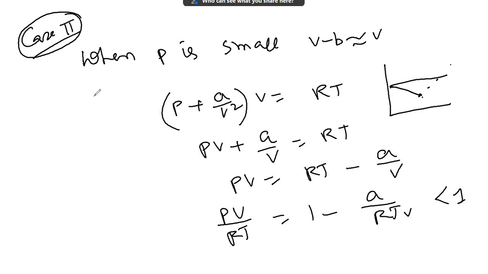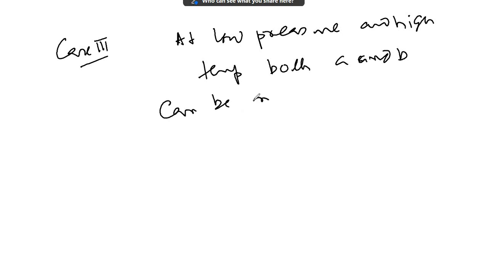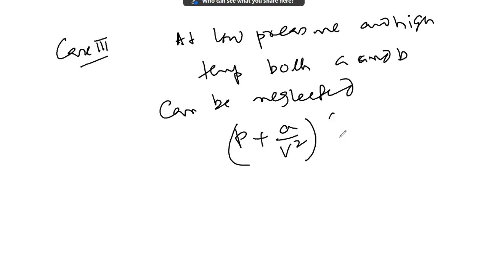Third case: at low pressure and high temperature, what happens? Both A and B can be neglected. Then P plus A by V square into V minus B equals RT.